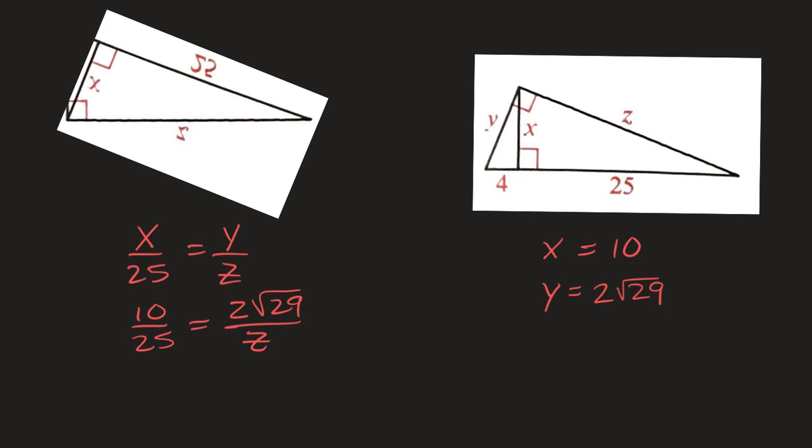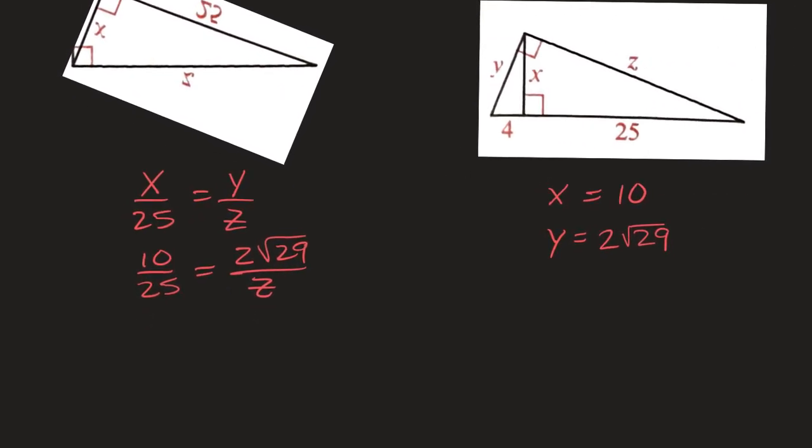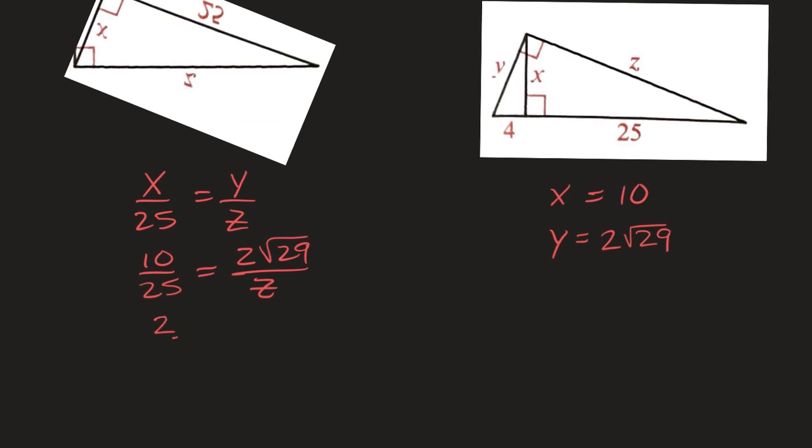So we got to get to work here. I'm going to have to move this up a little bit to make sure I've got room to solve all this. I would probably simplify 10 over 25 to 2/5. So this is 2/5 is equal to 2 times the square root of 29 over z. And that makes things a little bit easier.